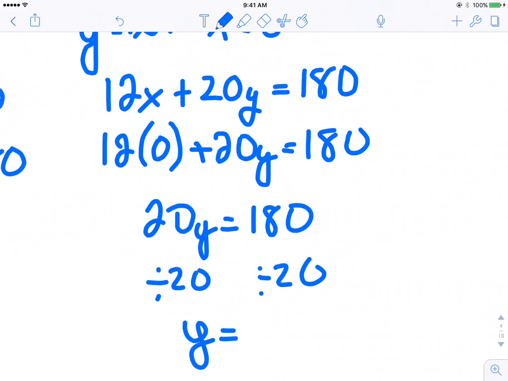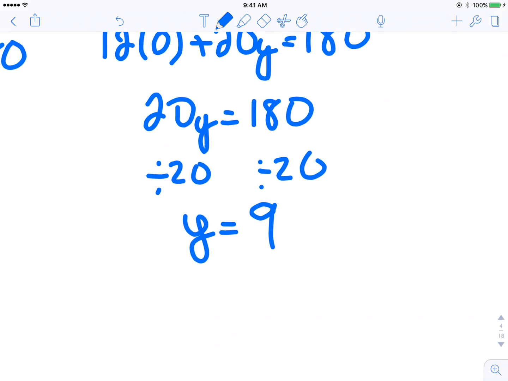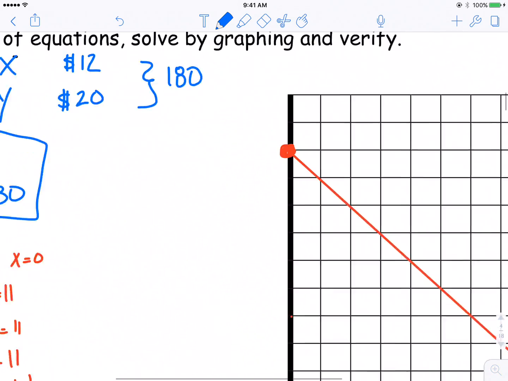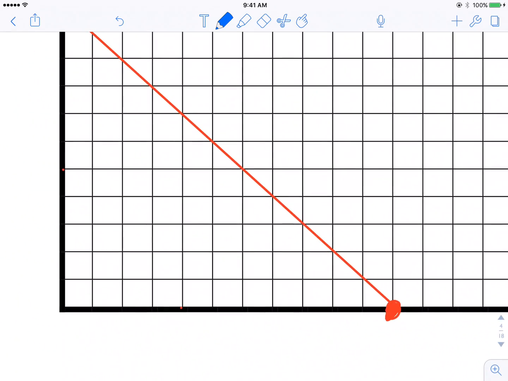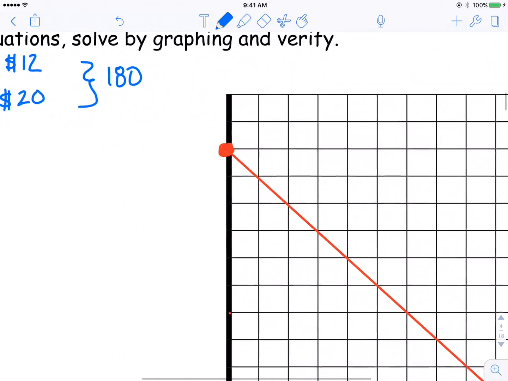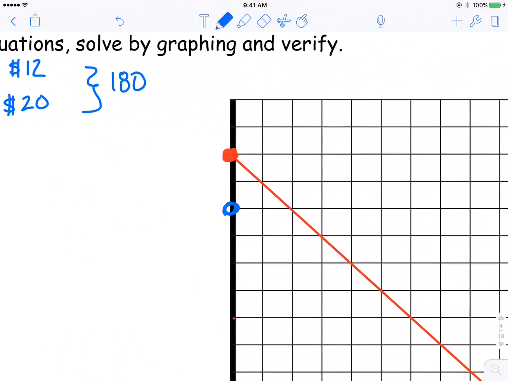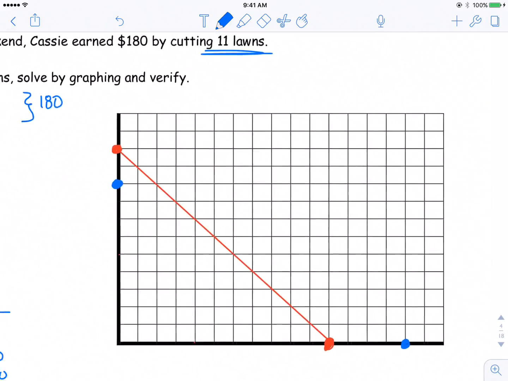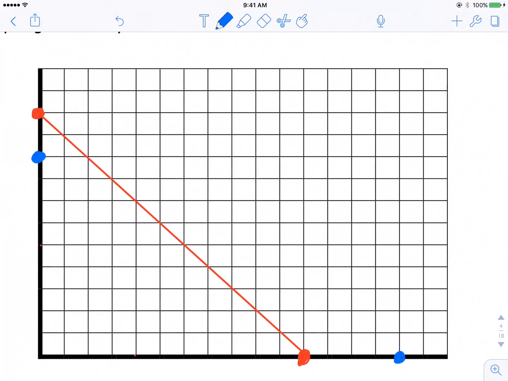Y is equal to 9. Give me a coordinate point 0, 9. So there's my x and y intercepts for my second equation, 15, 0 and 0, 9. I can plot those points on my grid. That's 11, 12, 13, 14, 15. And that's 11, so this is 9. And draw your line.